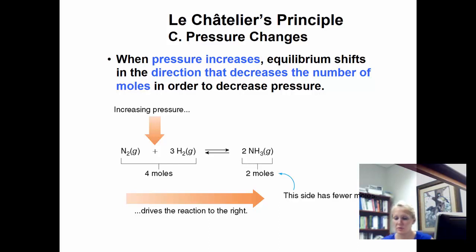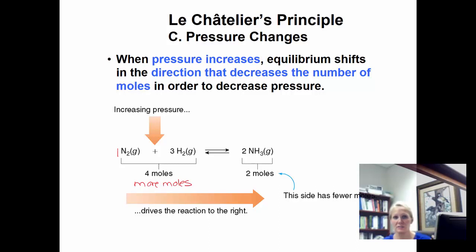So what is more and less moles? All you do is look at your reactants and you look at the coefficients. You have 3 plus 1, you have 4 moles, and here you have 2. You just look at the coefficients. So over here we have more moles.